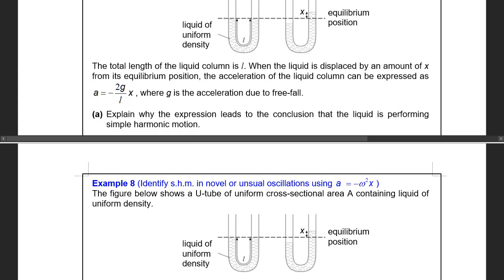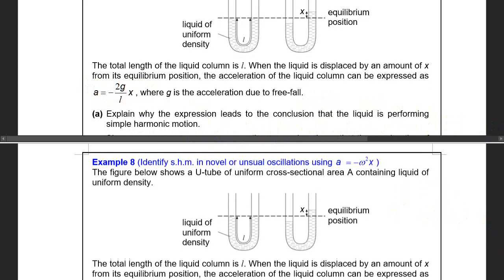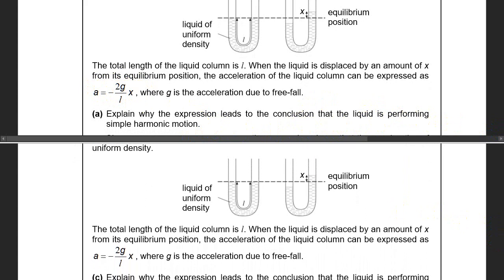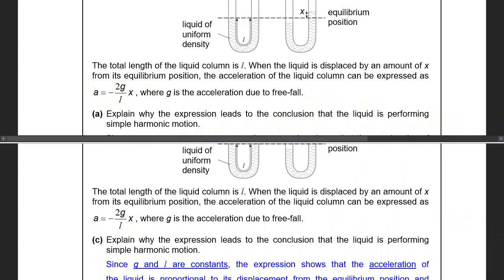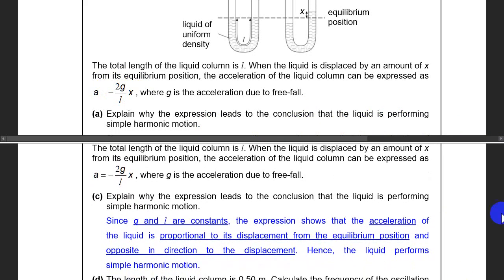Okay, so part A. Explain why the expression leads to the conclusion that the liquid is performing simple harmonic motion. So what's so special about this formula that tells us it's a simple harmonic motion? You need to tell them two things. One is that g and L are constants.